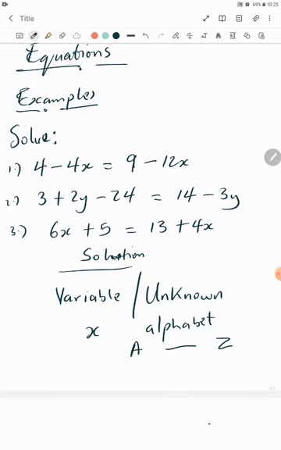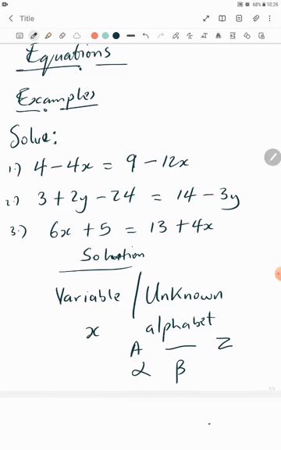In advanced math, alpha may be used, you may see something like beta or any symbol whatsoever that is not a number. Any symbol other than a number is an unknown in an equation. So it means that you want to find a numerical value for that particular letter of the alphabet or that particular symbol in that equation.